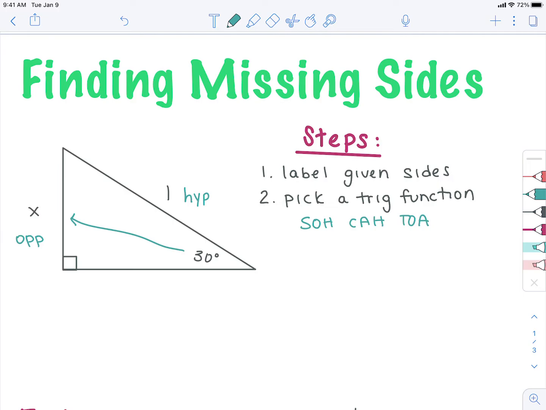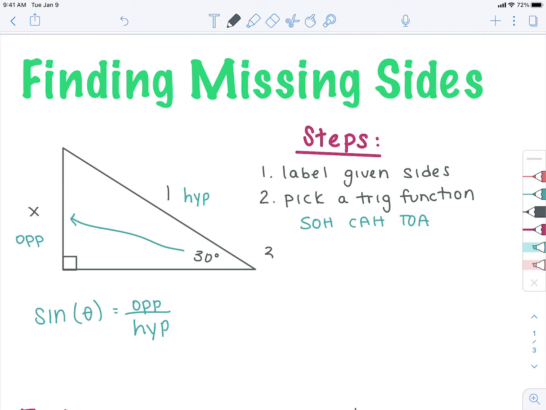If I have my opposite and hypotenuse, do I want SOH, CAH, or TOA? I want SOH, right? The opposite and the hypotenuse, and the S is my sine. So I know I'm going to use sine of my angle is my opposite over my hypotenuse, right? That was my equation that I wrote down for sine.